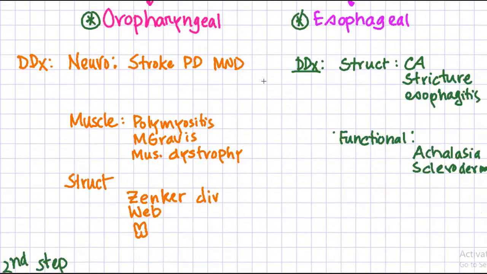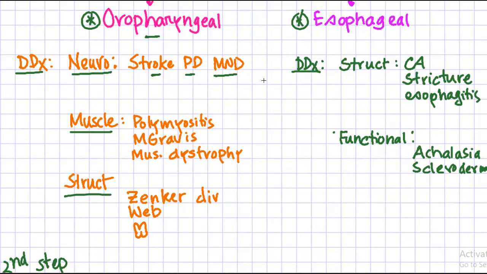And after setting the types, we have to look for the features of the differential diagnosis. So if the patient has an oropharyngeal dysphagia, the differential diagnosis could be neurological disease, muscular disease, or structural disease. The common neurological diseases that are associated with oropharyngeal dysphagia are stroke, Parkinson's disease, and motor neuron disease such as amyotrophic lateral sclerosis.